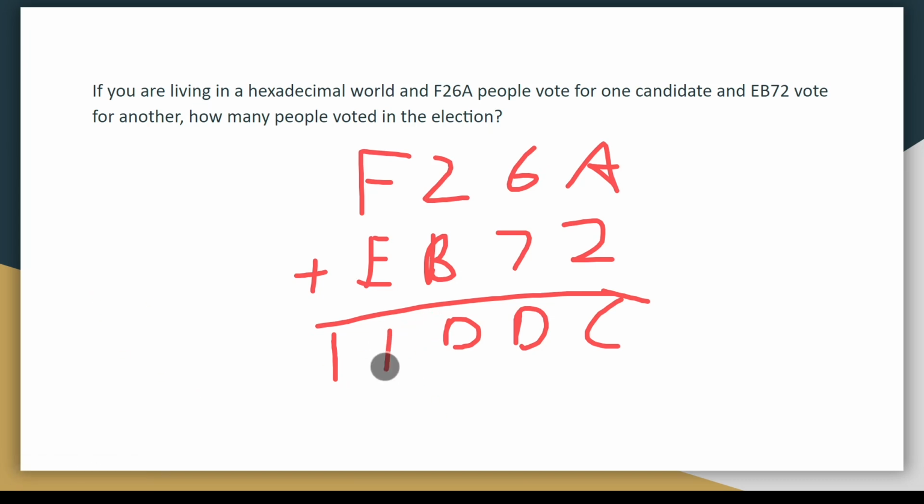So it's equal to 1DDDC. So 1DDDC hexadecimal people voted in the election.